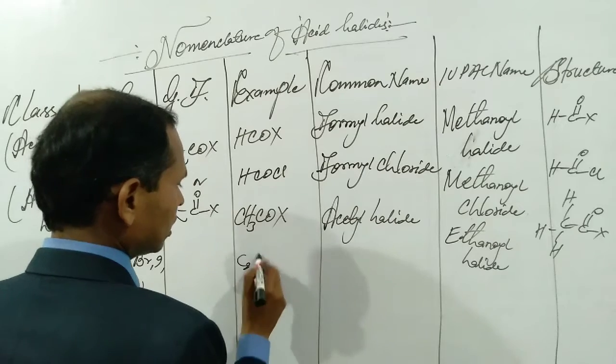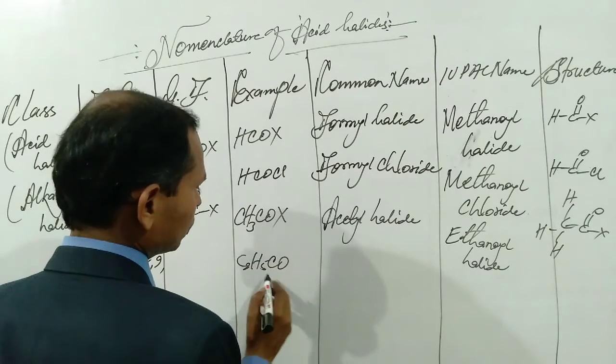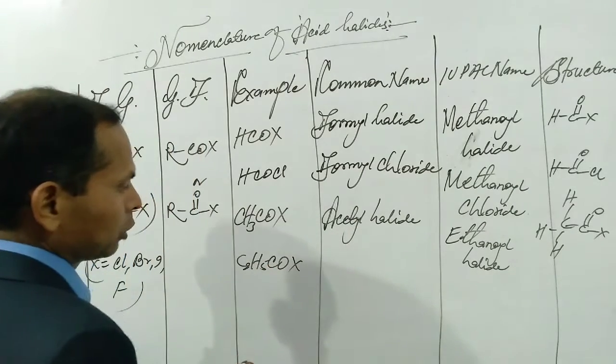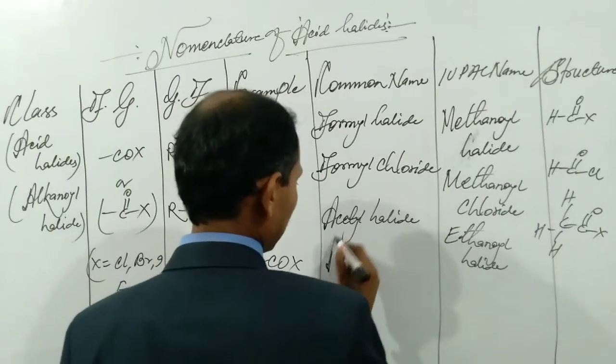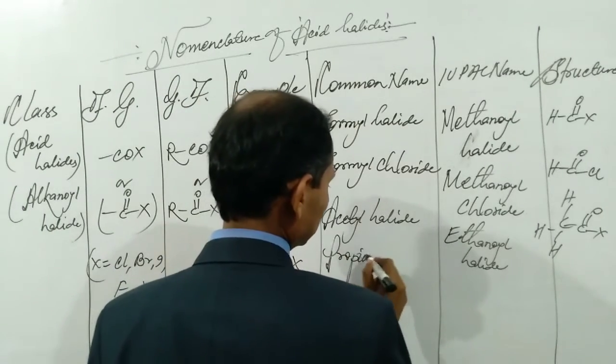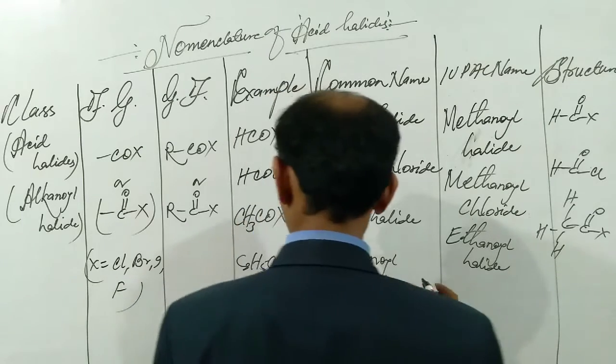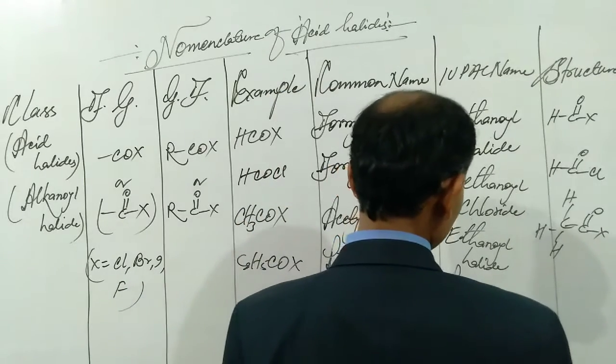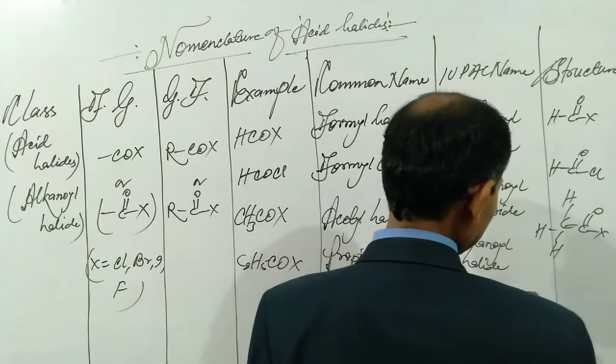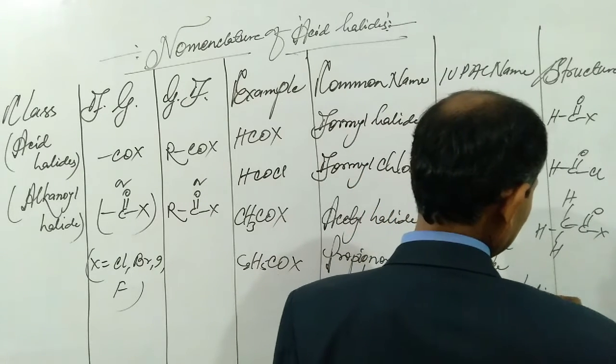In case of C2H5COX, the name of such compound is propanoyl halide.